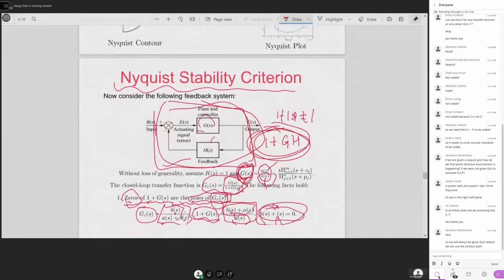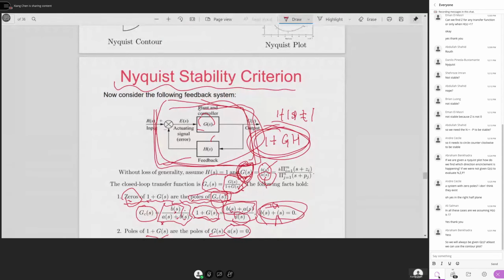But I can tell you what's going on for the Nyquist plot of G of s, and then ask you to tell me what happens to G of s. It's just like you have three quantities, and you know two of them, you can solve the third one. But which two of them it could be arbitrary.